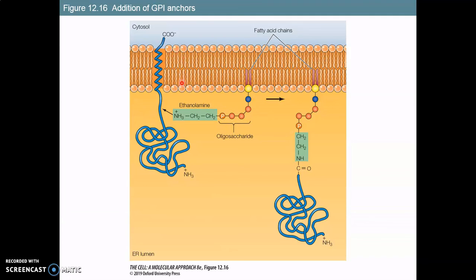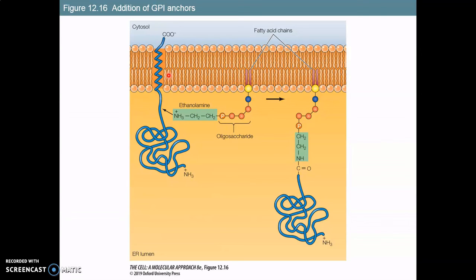So the membrane can actually be thicker in some spots and thinner in other spots. But the length of this alpha helix that is passing through will limit this protein to be in the region that matches the length of this hydrophobic alpha helix.